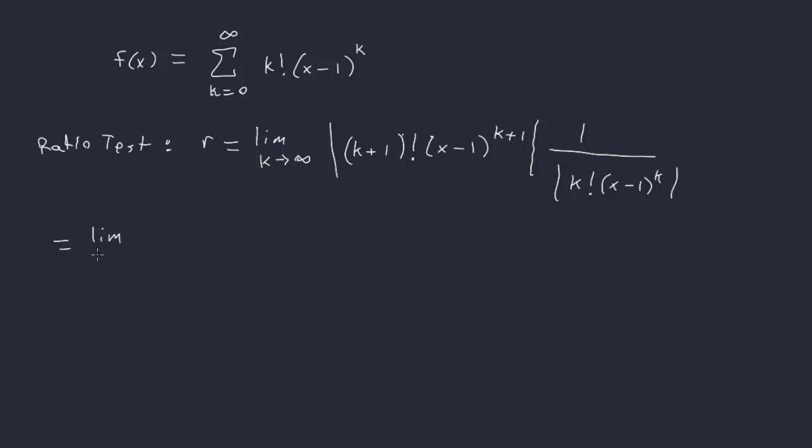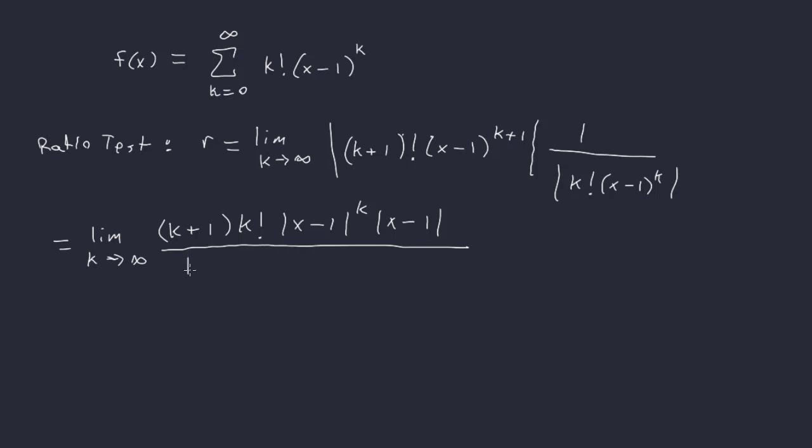All right, so this will be the limit as k goes to infinity of, when I simplify this down a bit, (k plus 1) times k factorial times the absolute value of (x minus 1) raised to the k times the absolute value of (x minus 1), all over k factorial times the absolute value of (x minus 1) to the k.